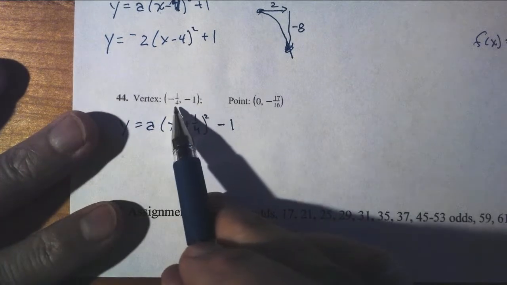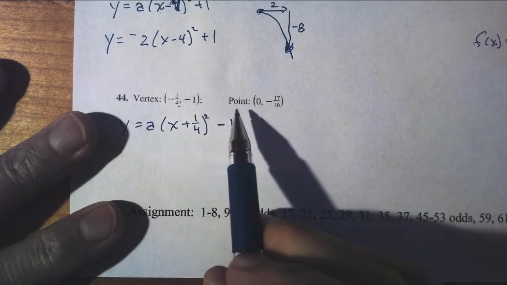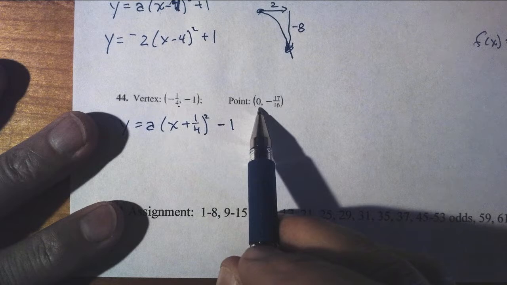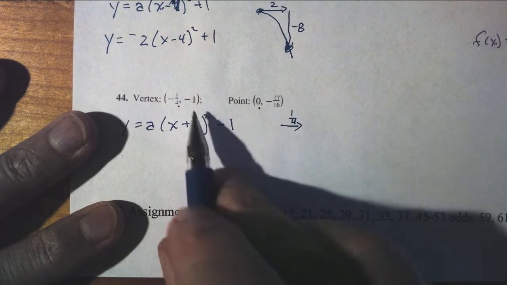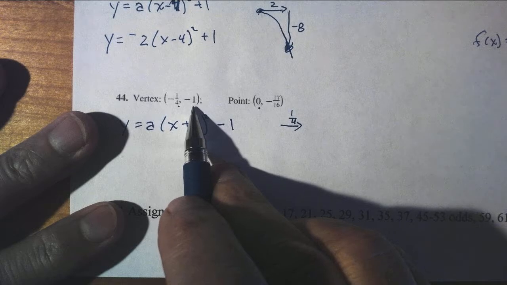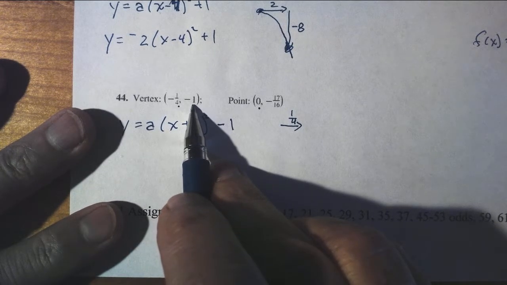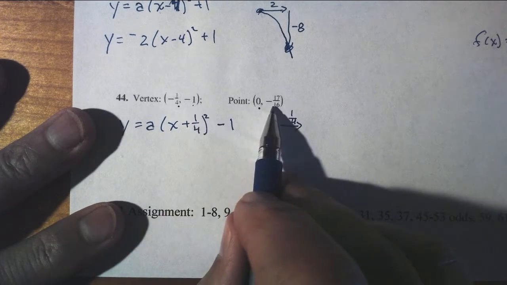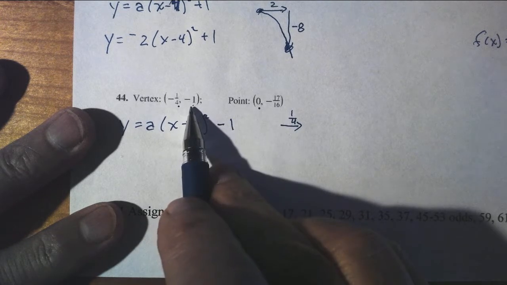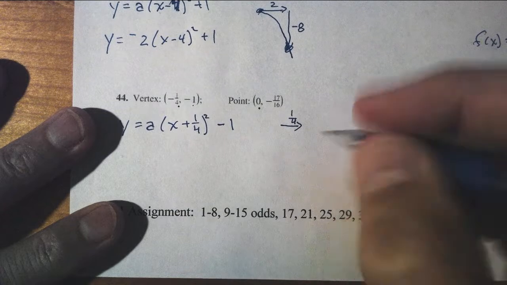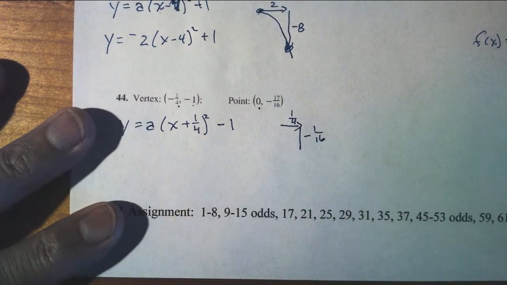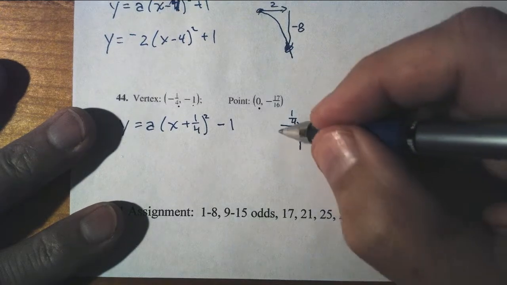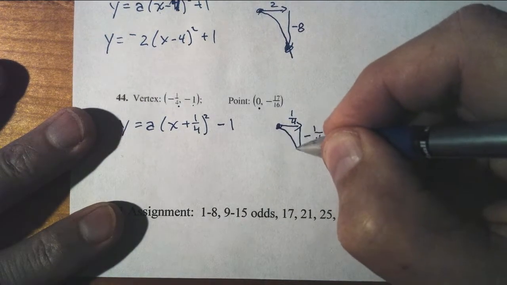On this graph, the vertex went over 1/4, and it went from negative 16/16 to negative 17/16. It went down 1/16. So my parabola is opening downward.